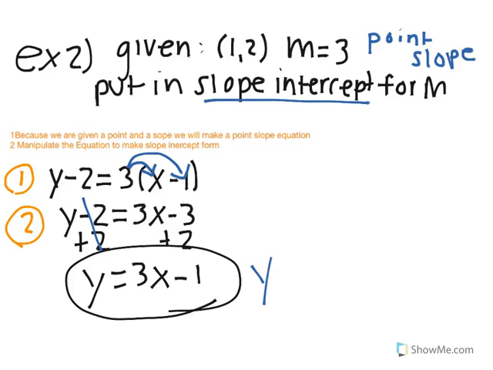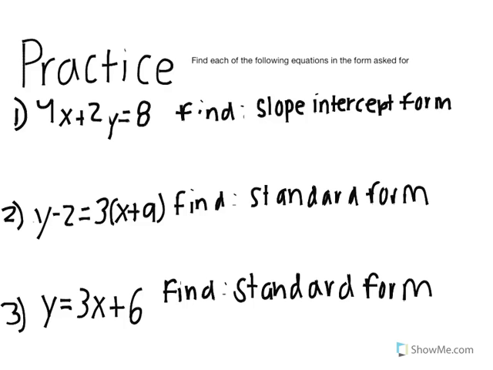And now I have an equation that looks like y equals mx plus b, correct? y equals 3x, aka mx plus b, and it's minus 1 because b is negative 1, and that changes the positive sign.